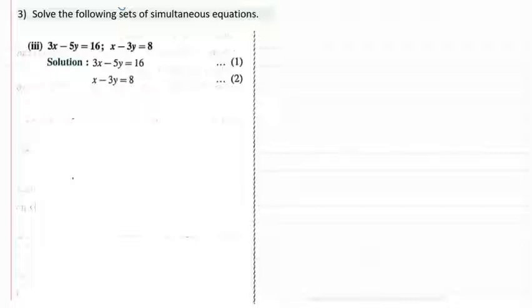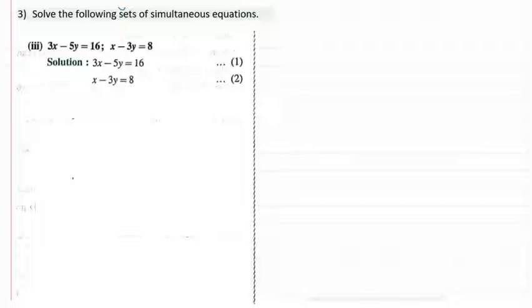Either both x has positive sign, that is plus 3x and plus 1x, or the variable y is having negative sign. In equation 1 it has minus 5, in equation 2 it has minus 3. So in that case, what are we supposed to do?